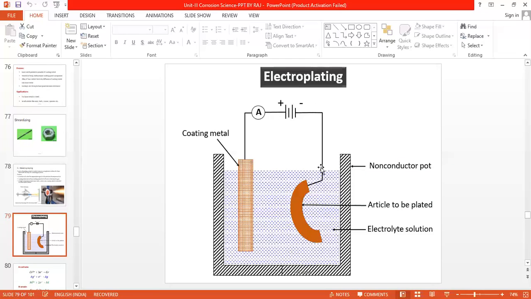The electrons coming from the external circuit and the positively charged ions coming through the electrolyte solution combine with each other and form the neutral atoms of the coating metal on the surface of the metal to be protected. This method is called electroplating.